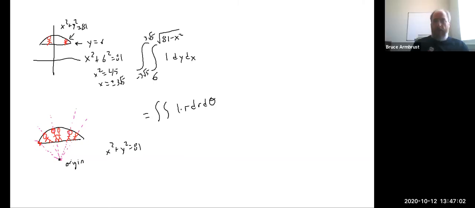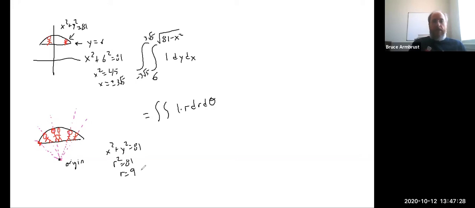So we can do x squared plus y squared. We've got the fact that that equals r squared. So that'll be r squared equals 81, or r equals 9. So I don't know if you remember this, but in polar, circles are beautiful. Circles are awesome because all you have to do is r equals.